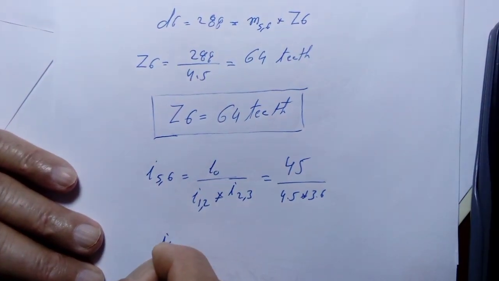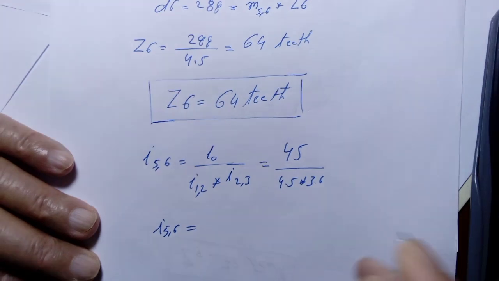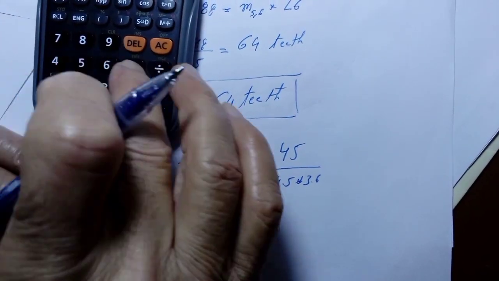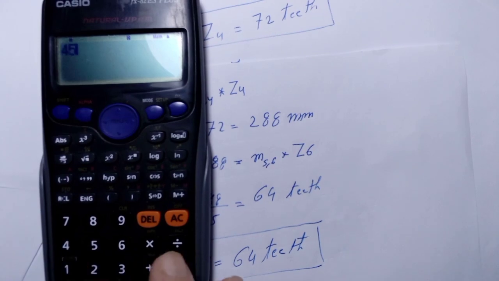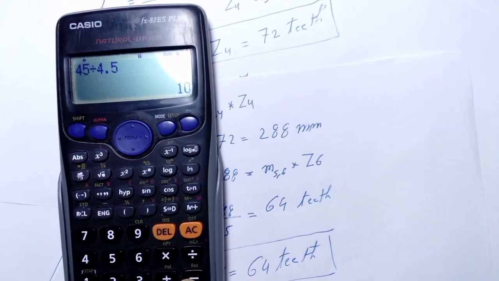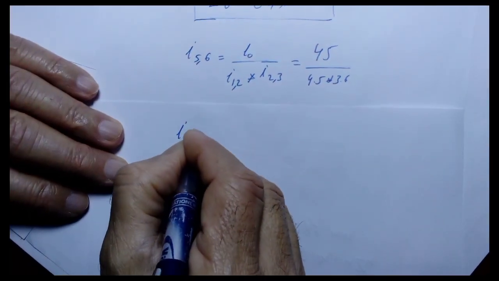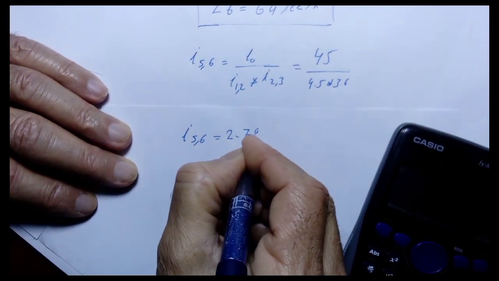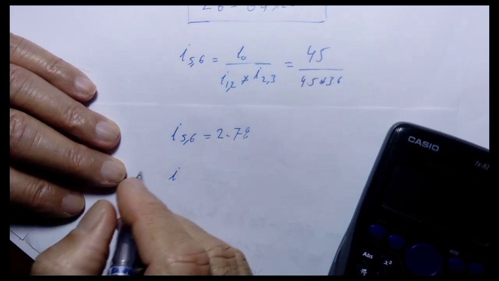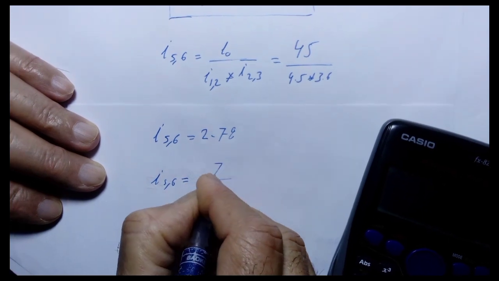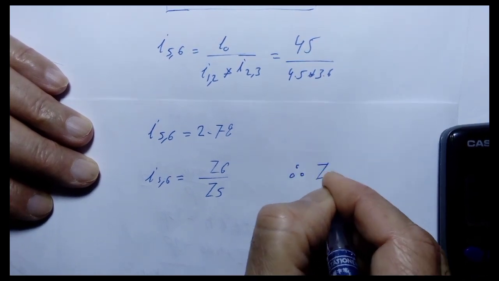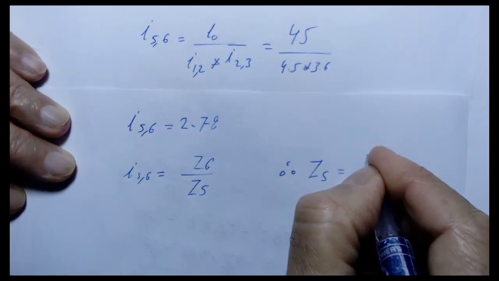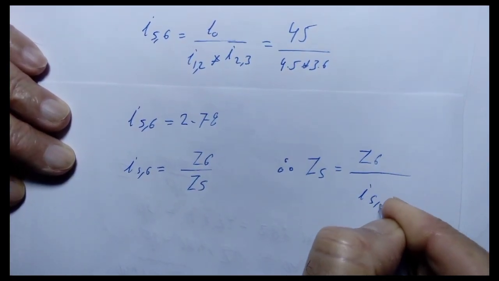So I56 is equal to 2.78. The reduction ratio between gears 5 and 6 is equal to Z6 divided by Z5, and we need Z5, which is equal to Z6 divided by I56.